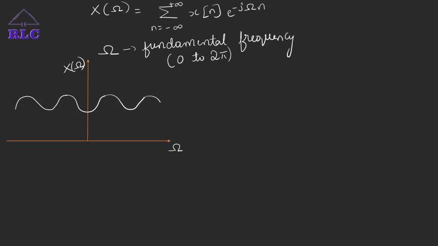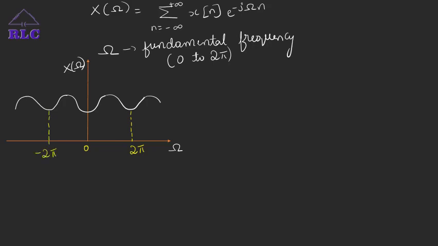Now let this be an aperiodic signal, that is a non-periodic signal, and let me consider the fundamental frequency period. This is 0, this is 1 fundamental frequency range, 2 pi. Similarly on the left hand side, this will be minus 2 pi.